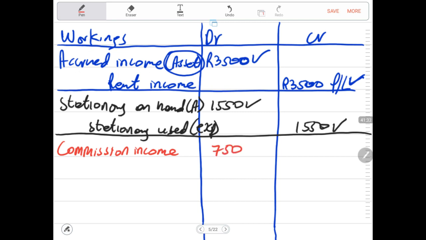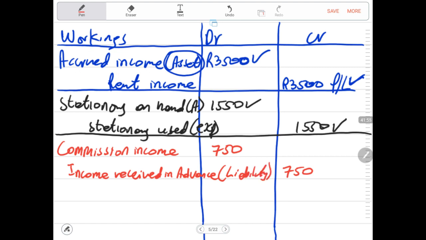And we credit our liability, which is income received in advance. Income received in advance is a liability. So now liabilities, where do we record them?